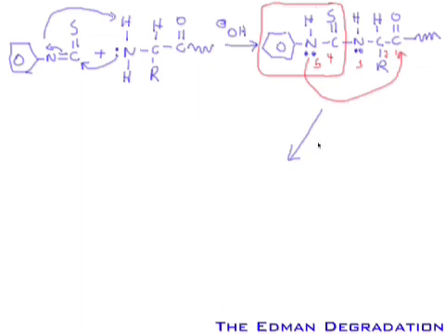If we do this and lose H+ because we're in base, we will produce a 5-membered ring. Now, the atoms in the ring are thus: we've got a carbon here, and we'll make that carbon the C double bond S. So this is the one with the phenyl.